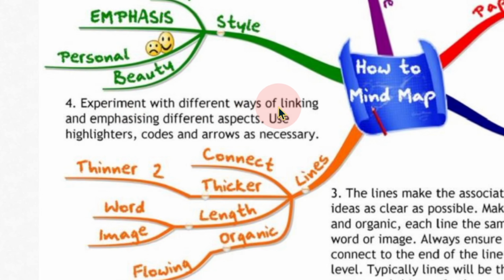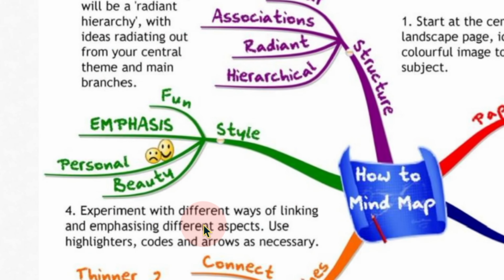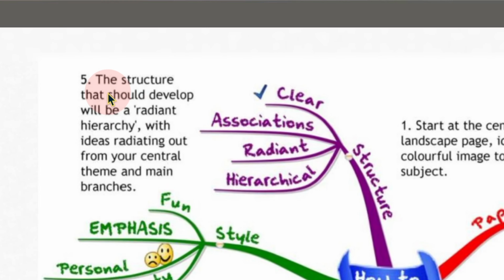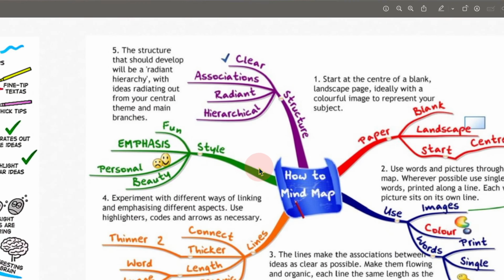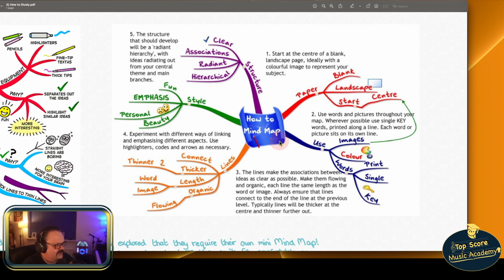Experiment with different ways of linking and emphasizing different aspects. Use highlighters. Use color coding and arrows as necessary. The structure that should develop will be a radiant hierarchy with ideas radiating out from your central theme and the main branches. So even how to mind map has been made into a mind map. Okay, so that's a useful wee summary.